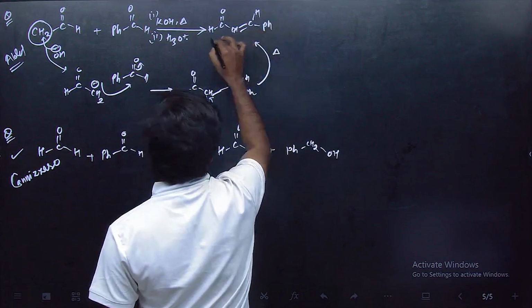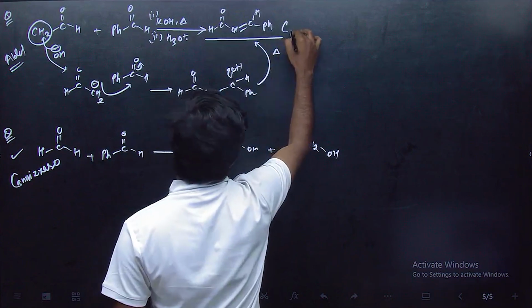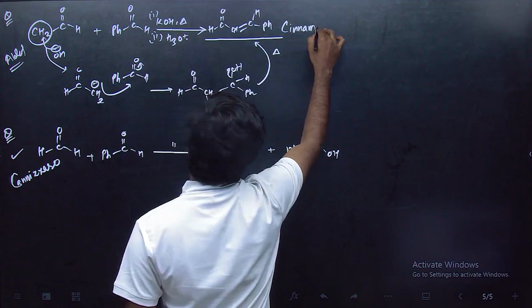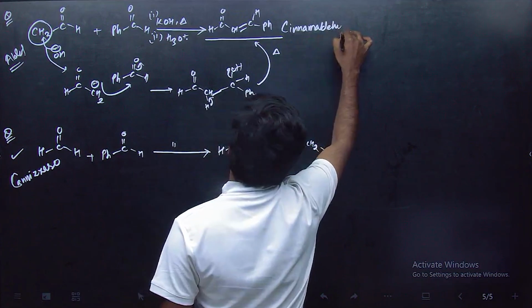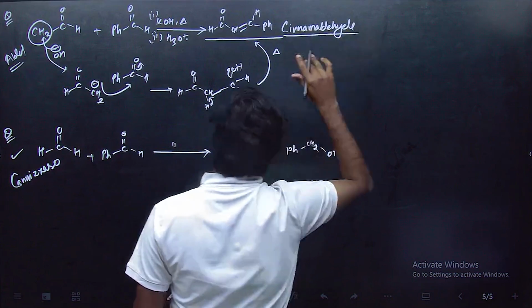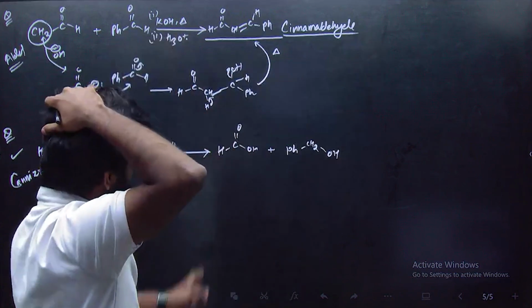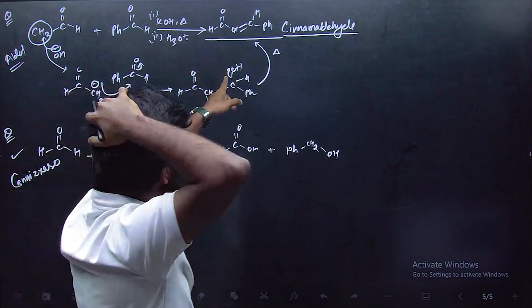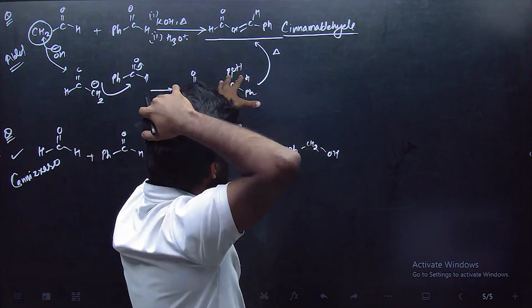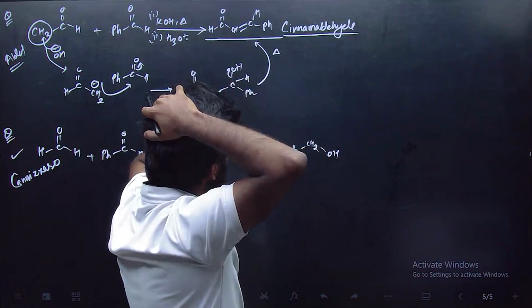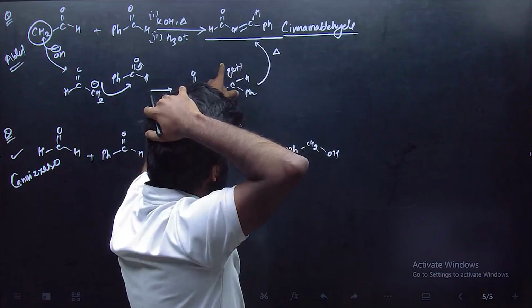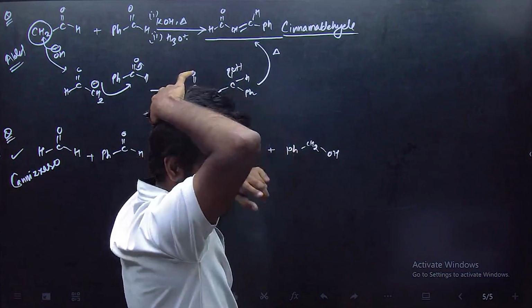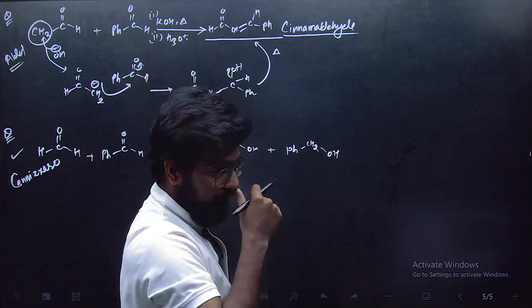Isn't it known as cinnamaldehyde, if I am right? I'm just getting a blur vision of this. Is it known as trans cinnamaldehyde? Because I have worked on this in the lab, I guess.